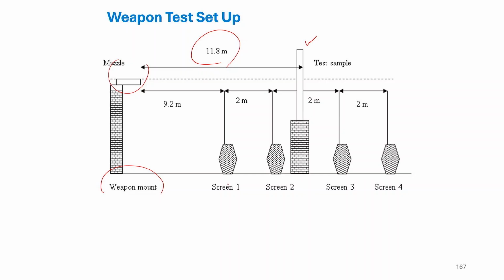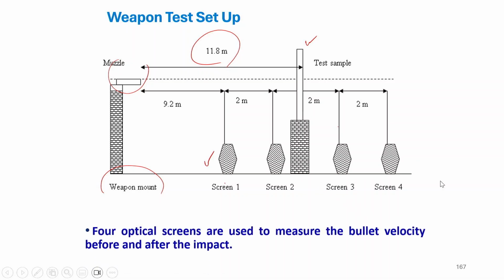Here two screens are there to measure the speed of the bullet, and after the penetration we have two more screens, screen 3 and screen 4, at different distances. Four optical screens are used to measure the bullet velocity before and after the impact.